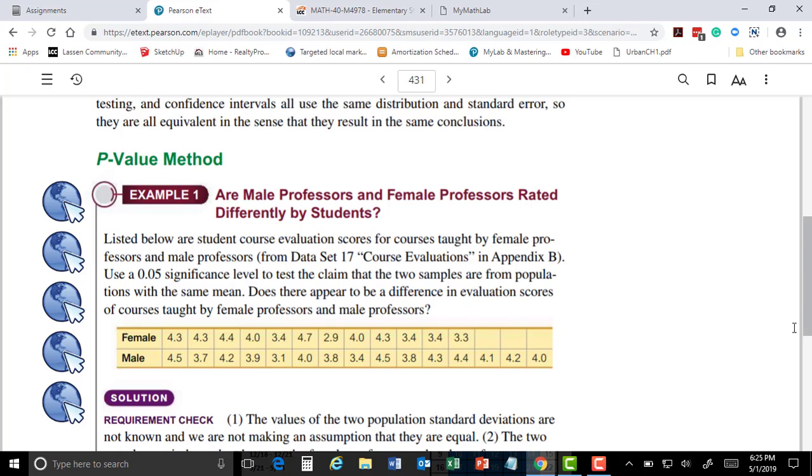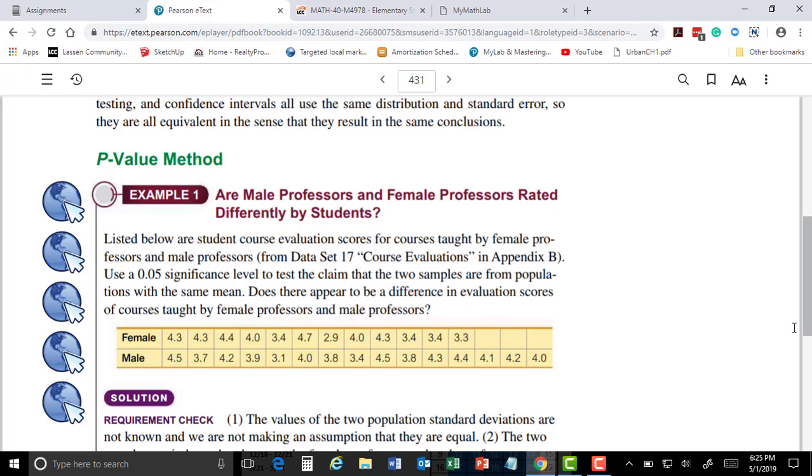So this is the rating for females of a professor, and this is the rating for males. I'm not sure if it's a scale of 1 to 5 or what. But here's a data set already included. That's another thing: some of these have a data set ready to be loaded into Crunch. Does there appear to be a difference in evaluation score when taught by a female professor or a male professor?